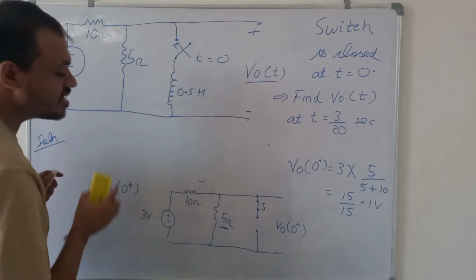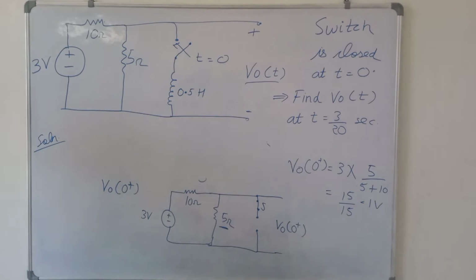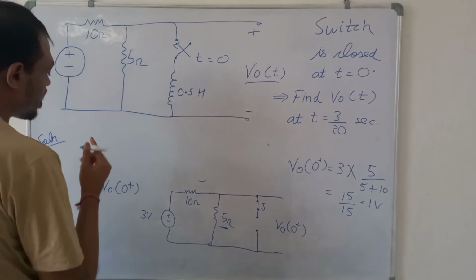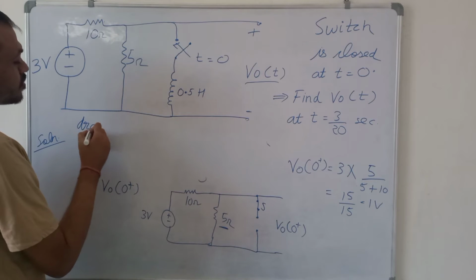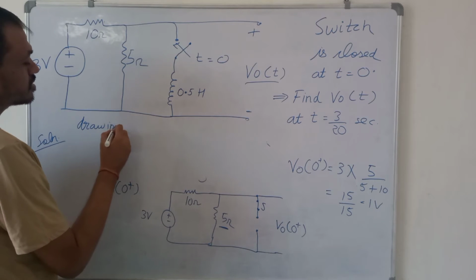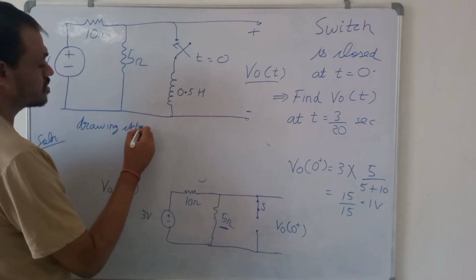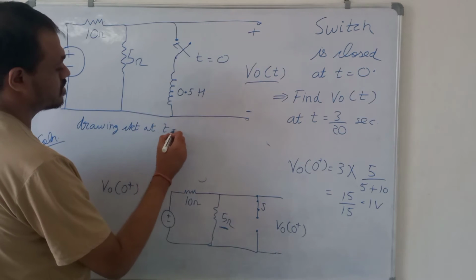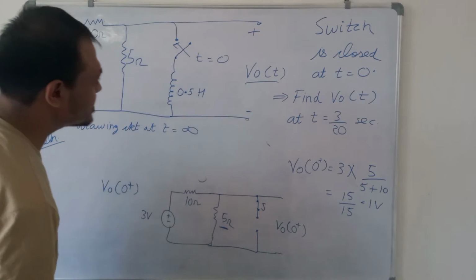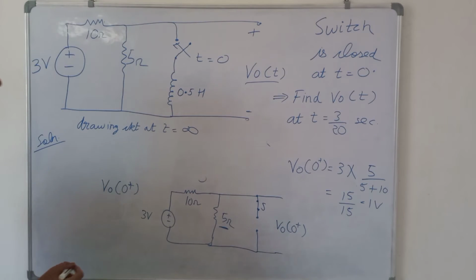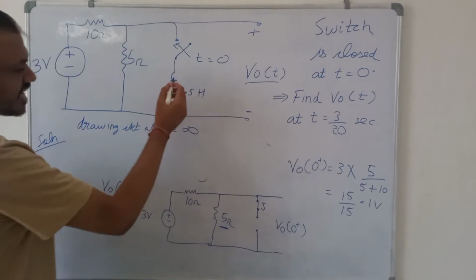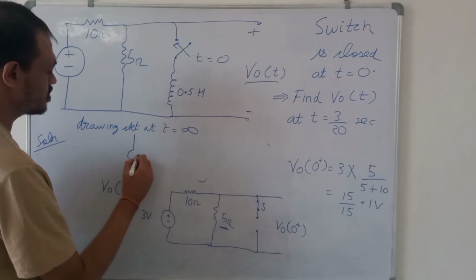Now we have to find V naught at infinity. So now we are drawing the circuit at t equal to infinity, that means the steady state. At steady state the inductor behaves as a short circuit and the switch is also closed.